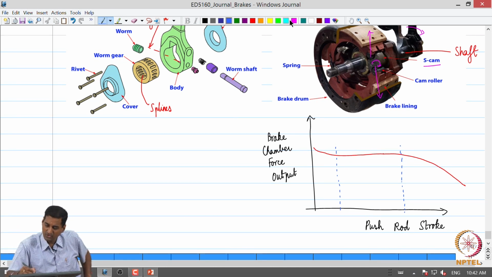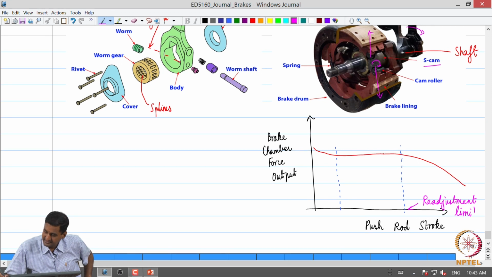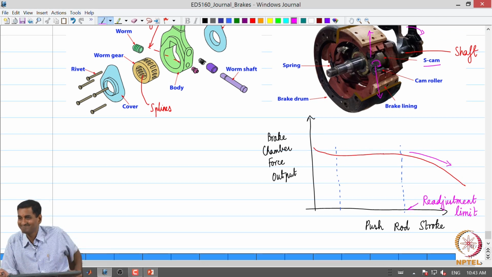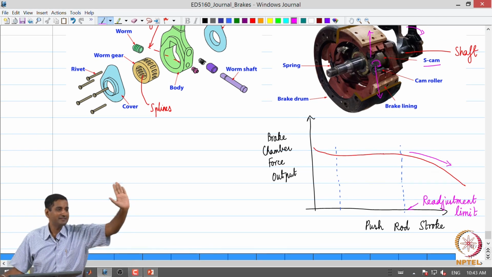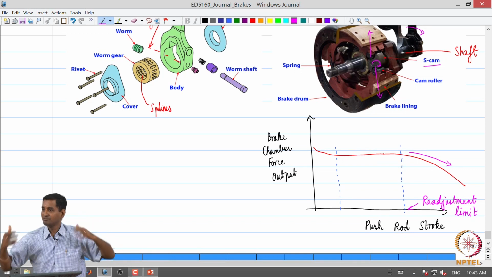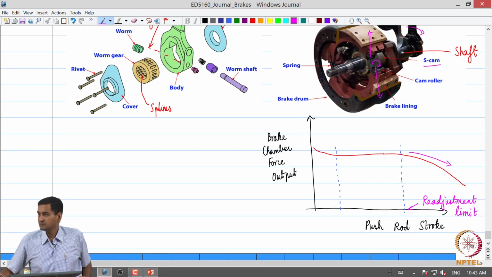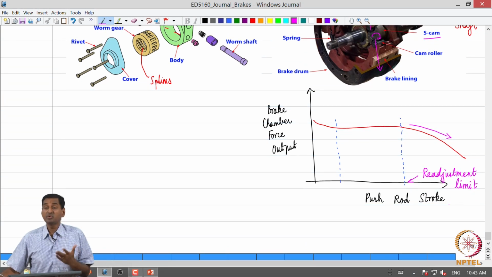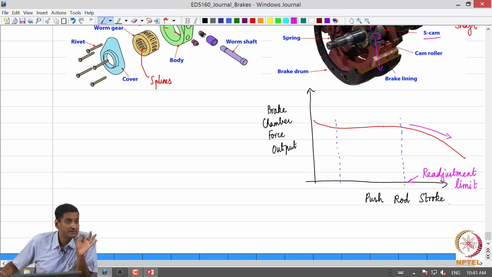So if the push rod stroke reaches what is called as a readjustment limit, right, then we can see that the output from the brake chamber starts falling down, right, because the diaphragm is going to go and hit the other surface of the brake chamber. So that is going to take up some of the force output, right, from the brake chamber.